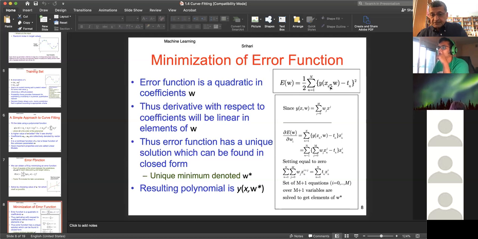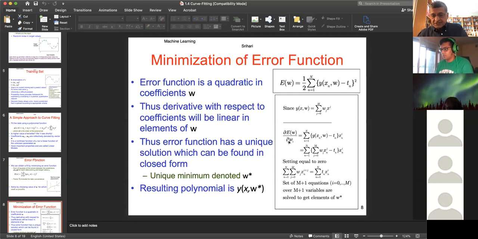But remember that y itself is a summation over all the weights m. So you see there is an n over here, there is an m over here. N is the number of samples in the data, m is the number of model parameters. And so the derivative already looks a little bit messy.